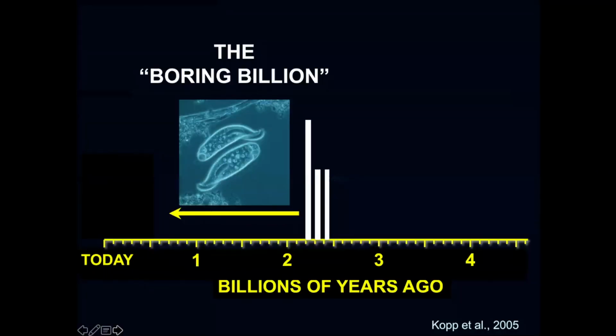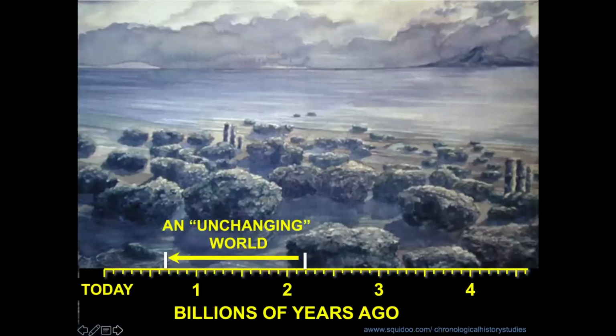This event is followed by what I think is one of the most intriguing parts of the geologic time scale. It's called the boring billion, but it's essentially a billion, or actually more than a billion years, in which virtually nothing happens. It's an unchanging world.